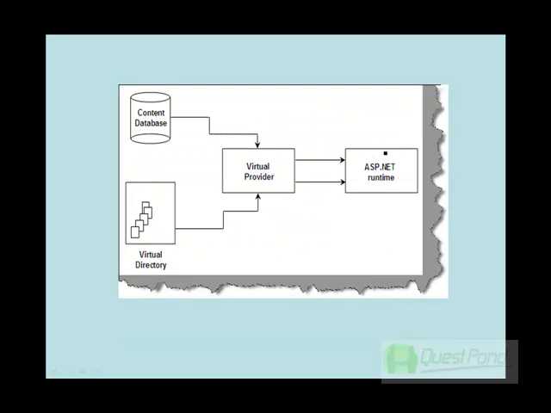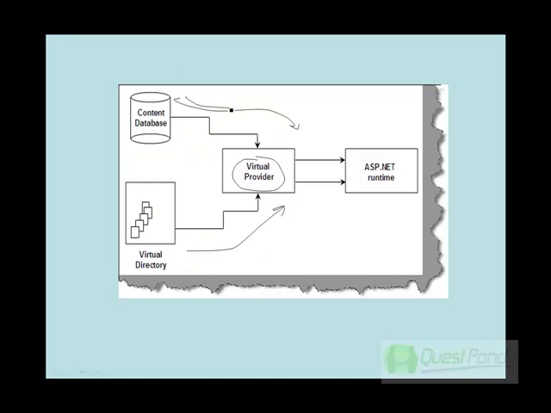Now if anyone requests a page, depending on whether it's a custom page or a common page, it fetches from the content database or it fetches from the virtual directory. When I say who fetches, I mean the virtual provider. The virtual provider is nothing but your HTTP handlers and HTTP modules, which we discussed in the previous session. So as soon as you request a page, the virtual provider first determines whether this is a content page or a customized page.